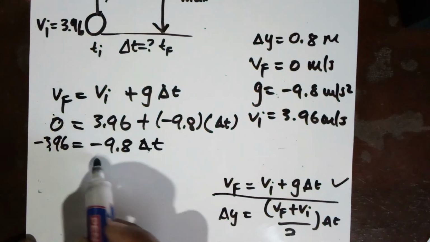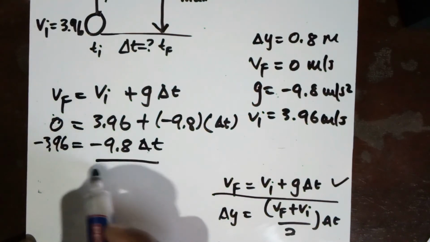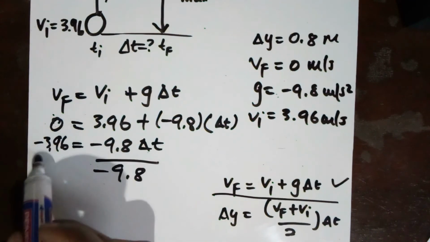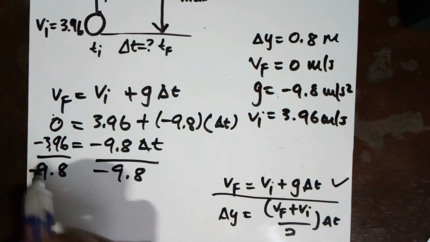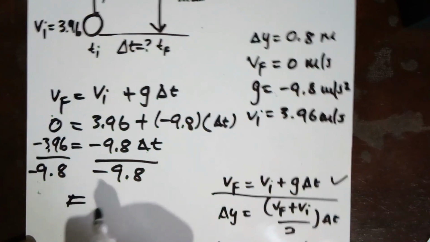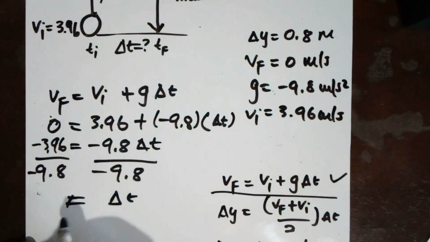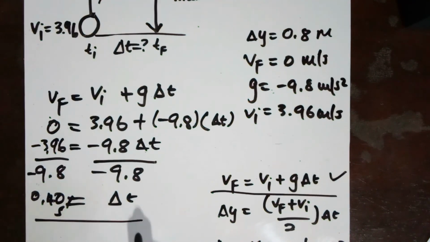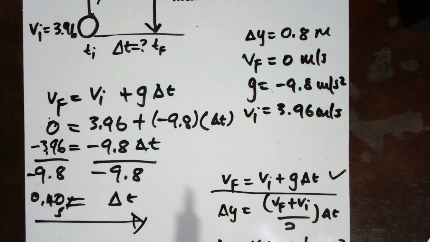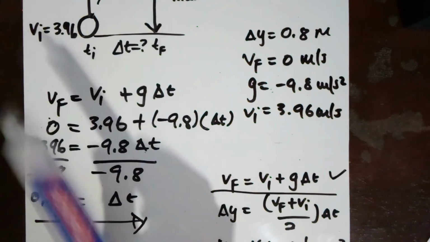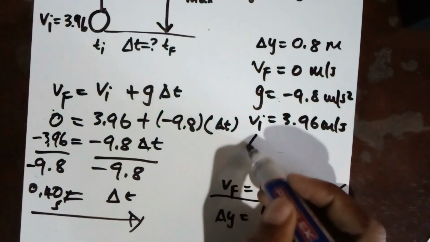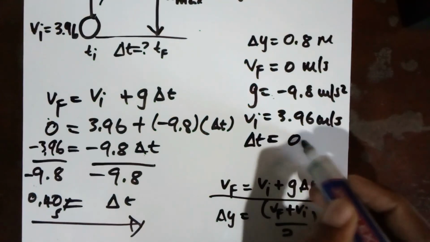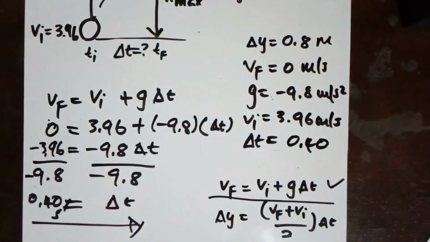To be left with the change in t, we simply divide by negative 9.8, and you find your change in t to be about 0.40 seconds. So you should at least come to that answer. This means that this ball took about 0.4 seconds to reach that maximum height. And this brings us to the end of this lesson.